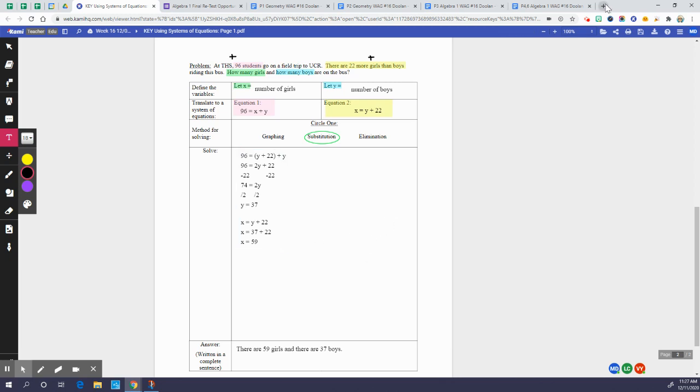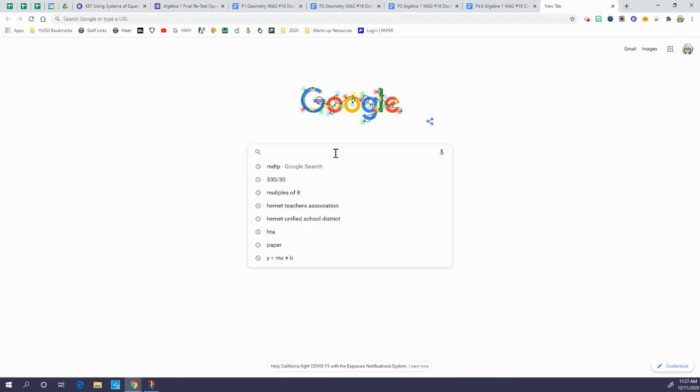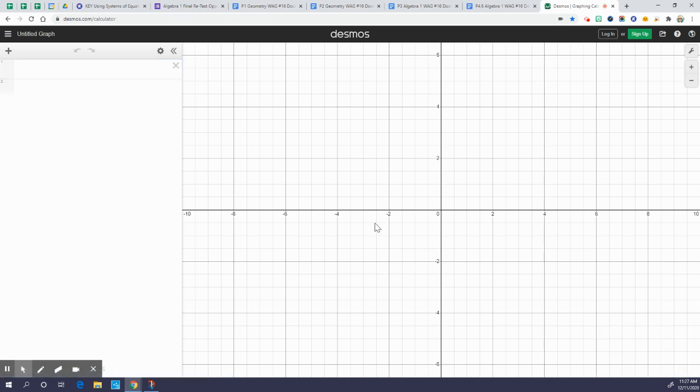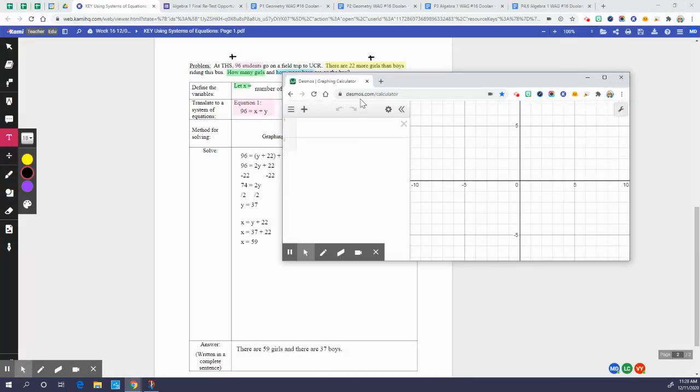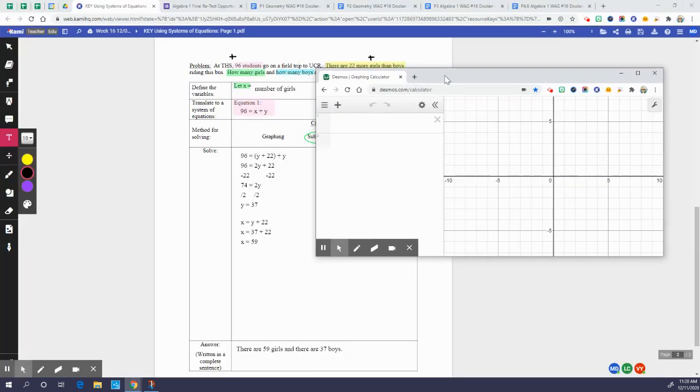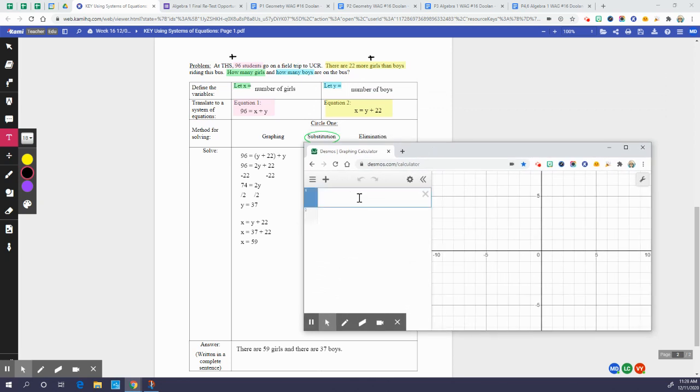So I'm just going to open up Desmos, and I'm going to go ahead and put in my two equations. All right, so one of them is 96 equals x plus y, and the other one is x equals y plus 22.